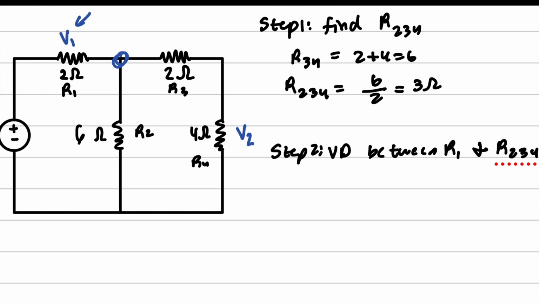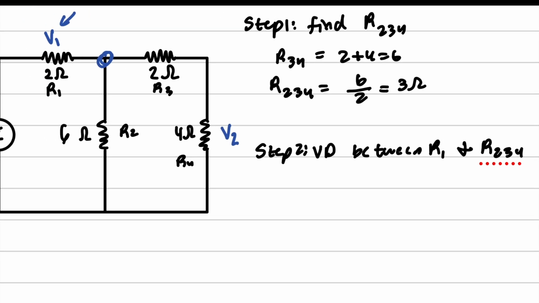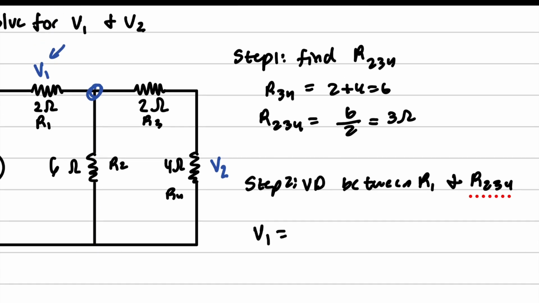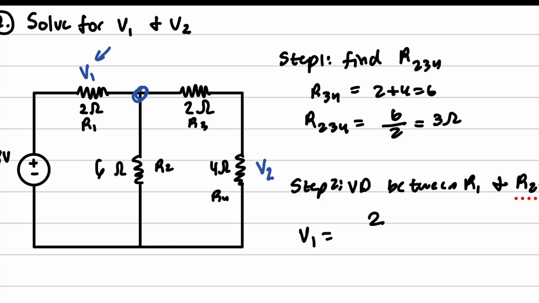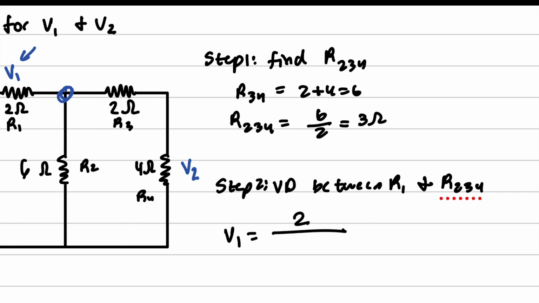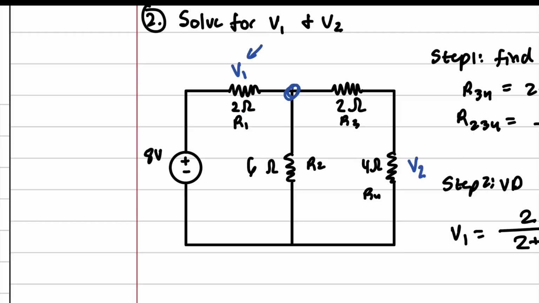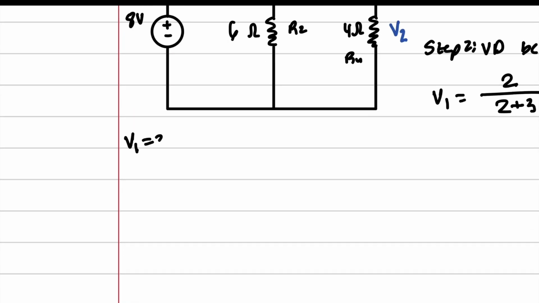So we get that V1 is equal to 2 ohms over 2 plus 3 times 8. And we get 3.2 volts. So V1 is equal to 3.2 volts.